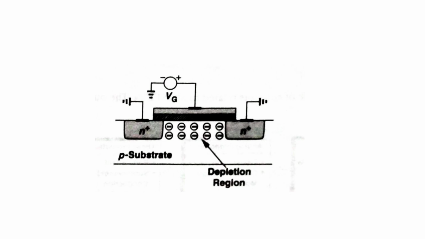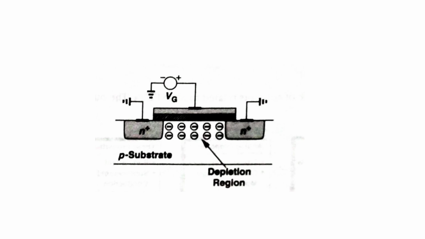And because of this gate voltage, all the negative ions inside the p-type substrate will be attracted towards the insulating layer. So on top of the insulating layer there will be positive ions, and below that insulating layer there will be negative ions. Those negative ions act as a channel.